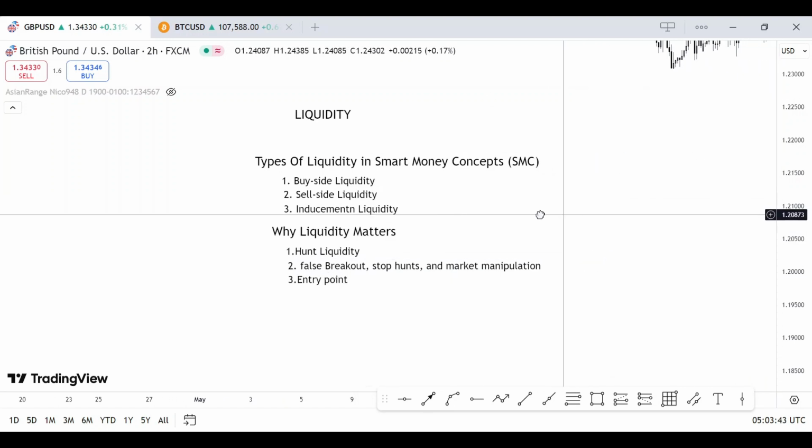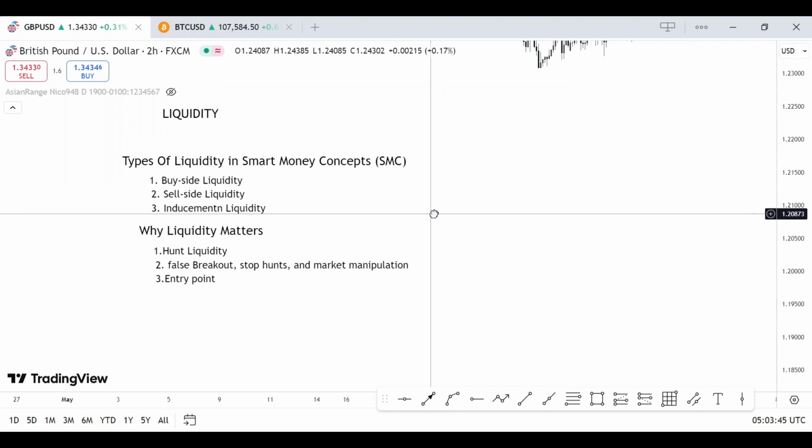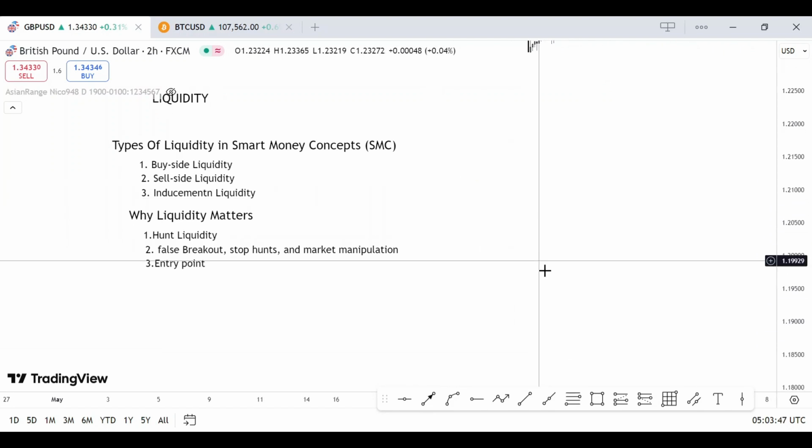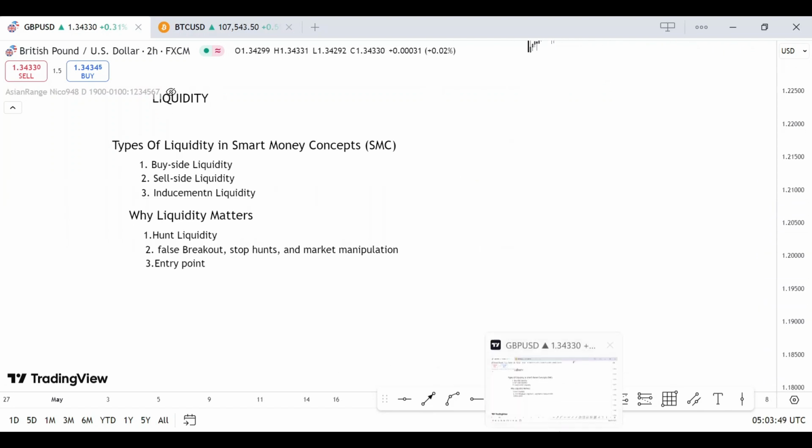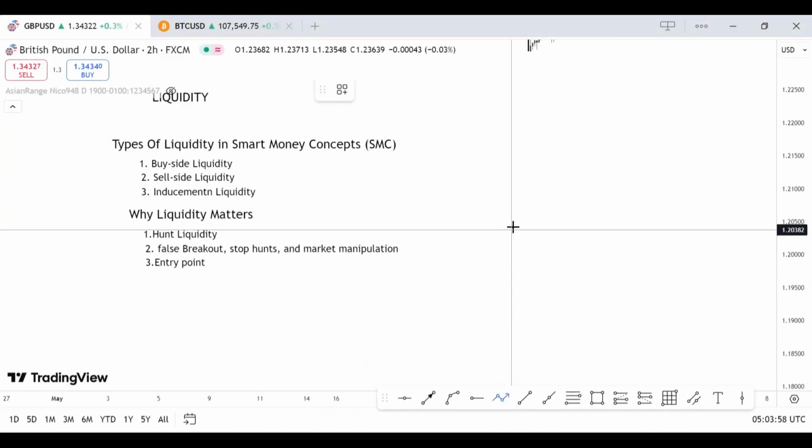Let me first of all give you an example of a buy side liquidity. So a buy side liquidity chart example is going to look like this. It's going to look something like this.